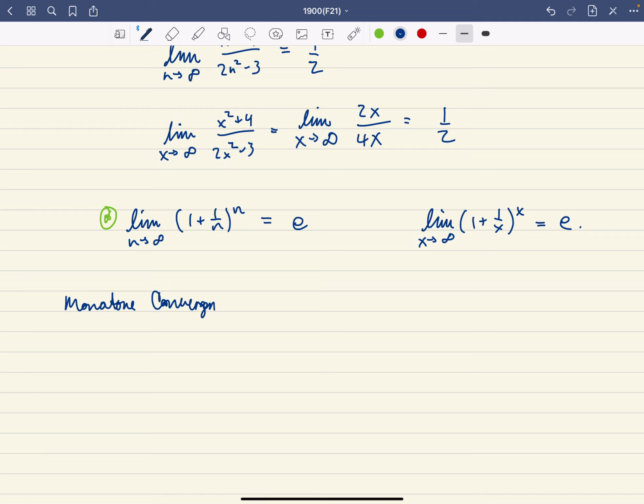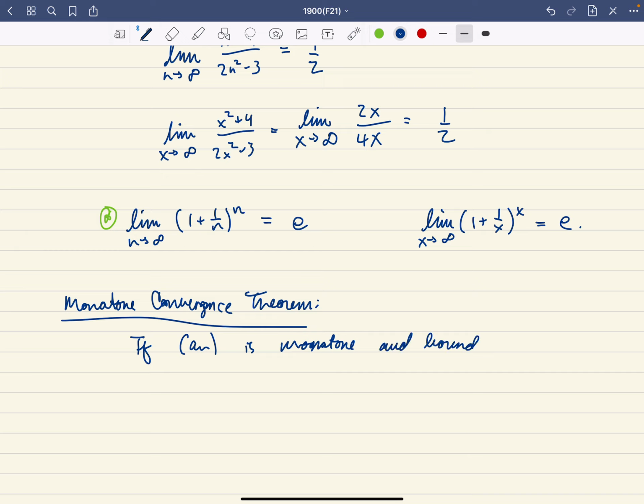The monotone convergence theorem says that if you have a sequence a sub n, and a sub n is monotone and bounded, then the sequence converges. Okay, and that's the monotone convergence theorem.